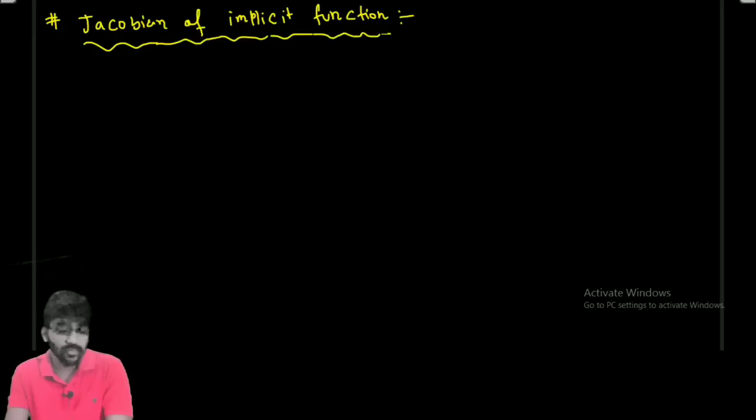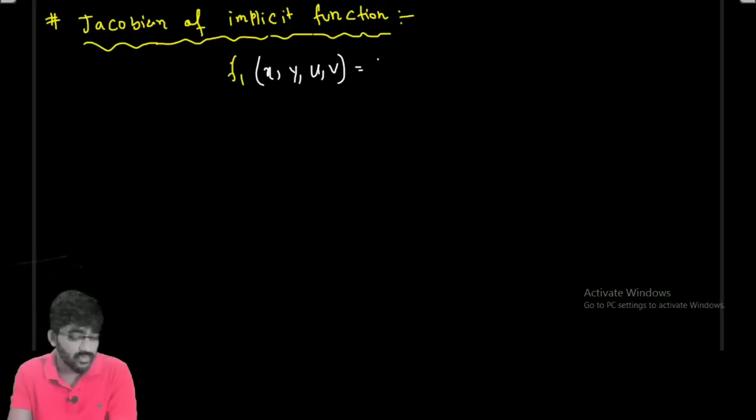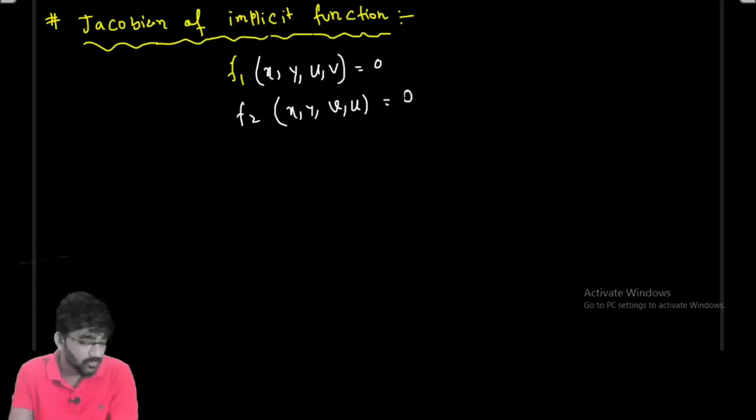Let me take two implicit functions such that f1, a function of x, y, u, v, is equal to 0, and f2, also a function of x, y, u, v, is equal to 0. So here x, y are the implicit functions of u, v.